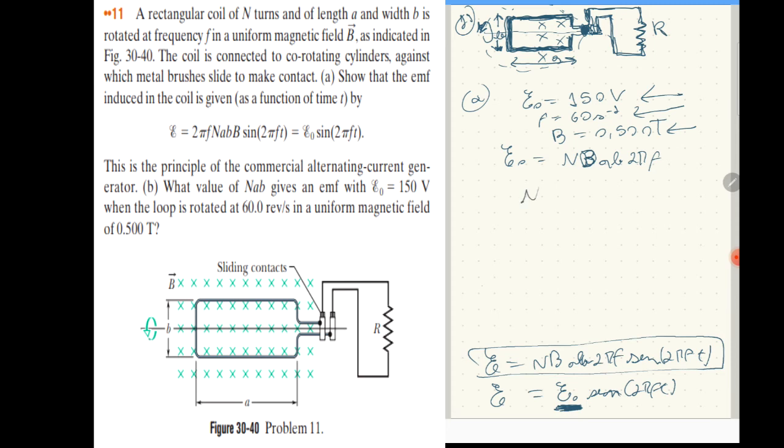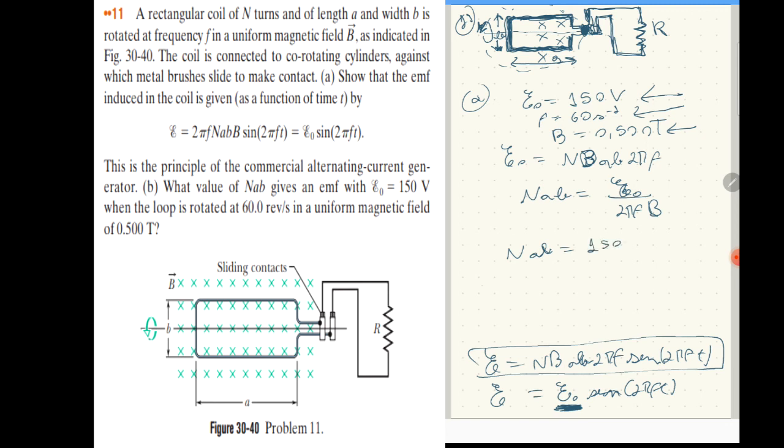You have to determine this factor, which equals this divided by 2 pi f B. And actually I'm not going to calculate this here, because the purpose is not to calculate things. It's just to show the right direction you could take to handle the problem.